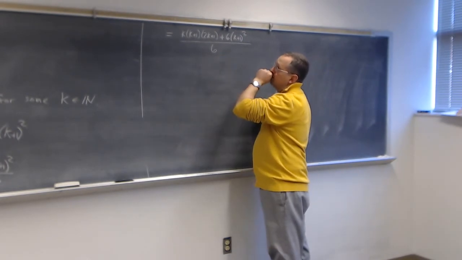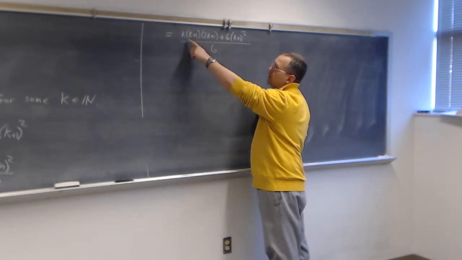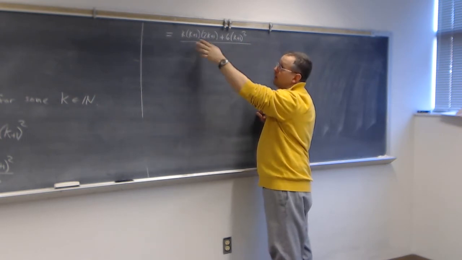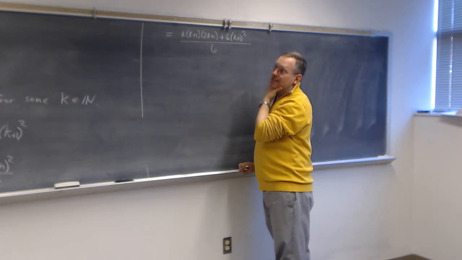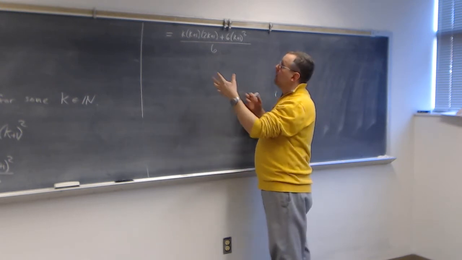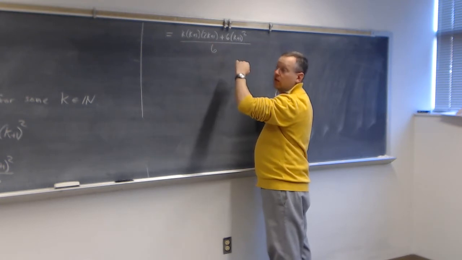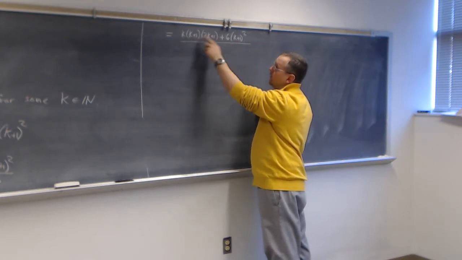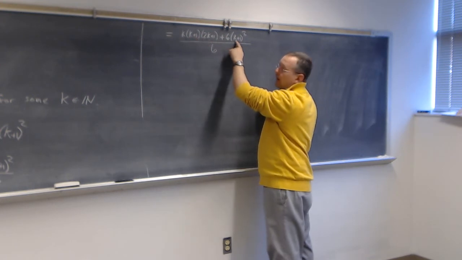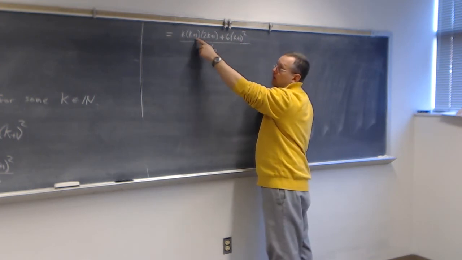Now, what you could do, I imagine, is try to multiply this all out, but it'd be kind of a mess if you multiply it all out, collect terms, and then try to factor it. This is pretty much factored already. If I think of these as two big groups, I notice that they both have a factor of k plus 1 in common.